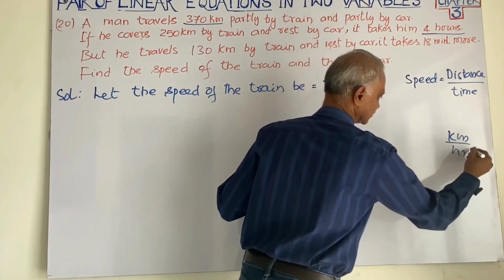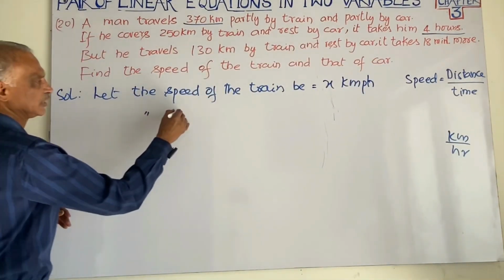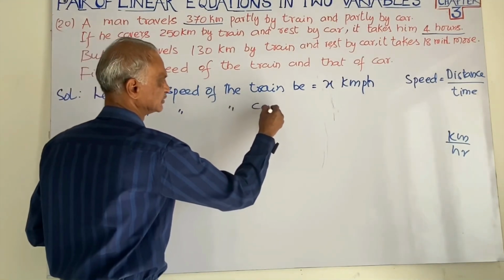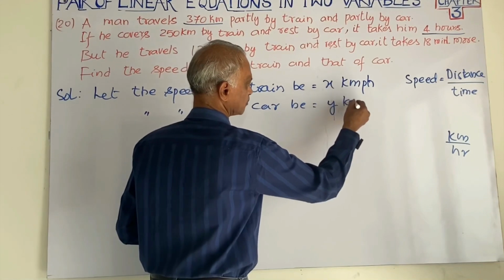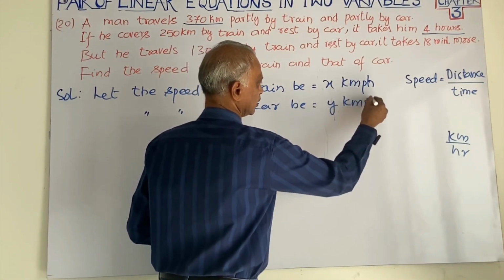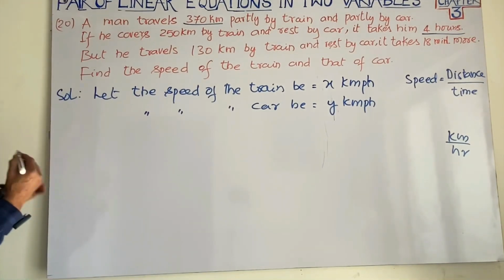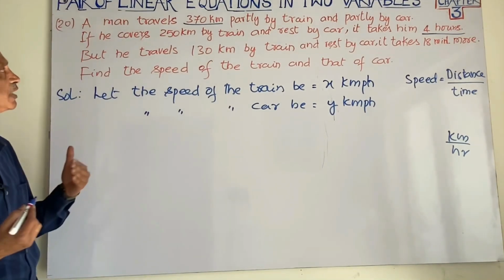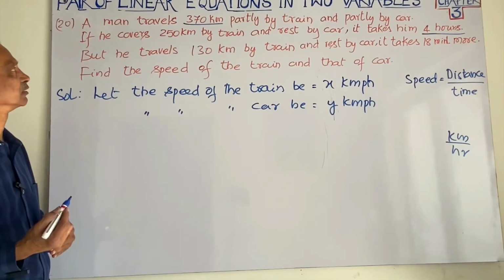Remember. See next, and the speed of the car be y kilometers per hour. Now first, a man travels 370 kilometers partly by train and partly by car.